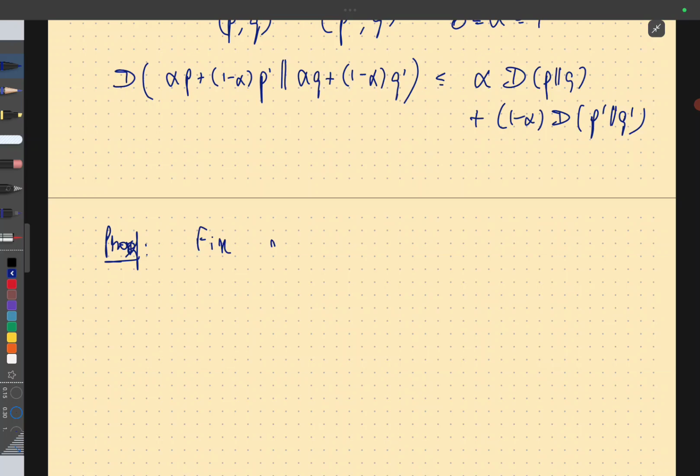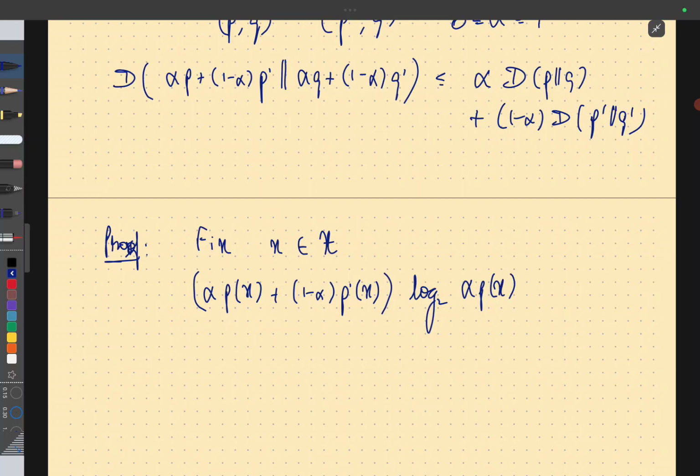Let's fix one particular x in the alphabet, and look at the quantity alpha times p(x) plus 1 minus alpha times p prime(x), times log of alpha times p(x) plus 1 minus alpha times p prime(x), divided by alpha q(x) plus 1 minus alpha q prime(x).